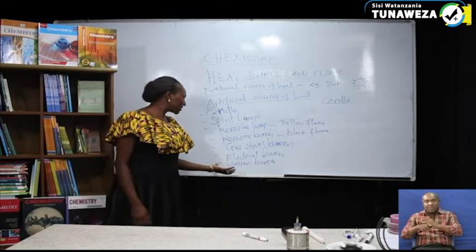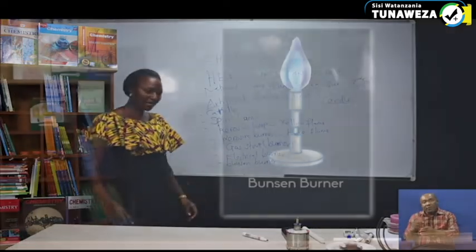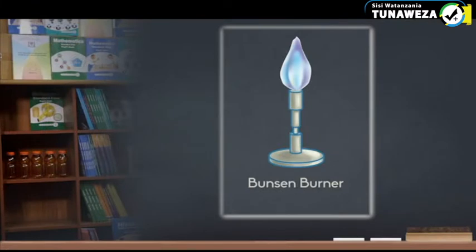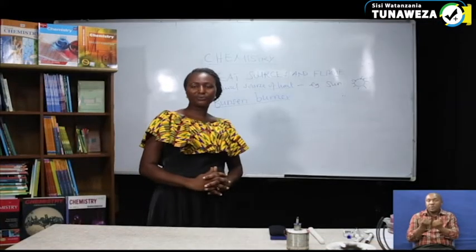Another source, which is last but one, is the Bunsen burner. Okay, the Bunsen burner is the source of heat which is connected to the gas supply to produce heat energy.